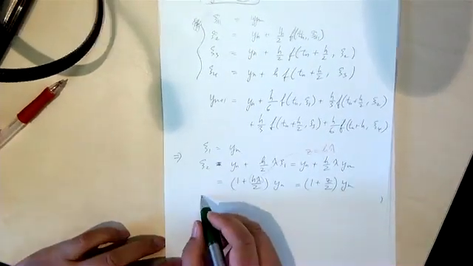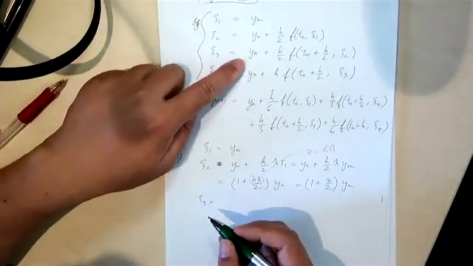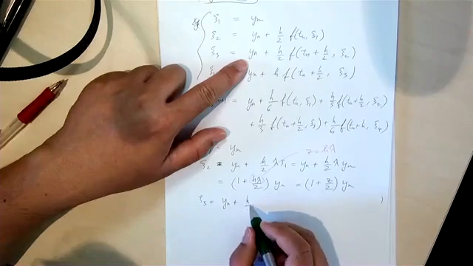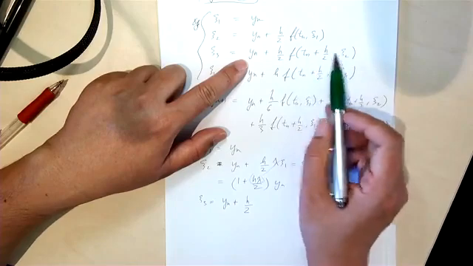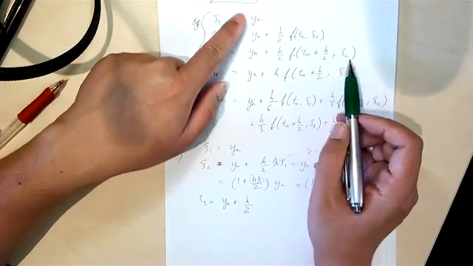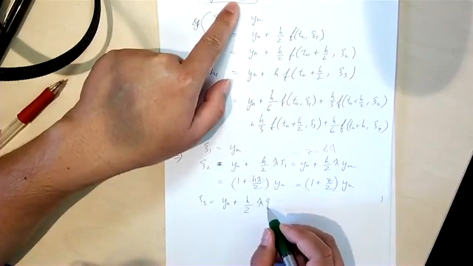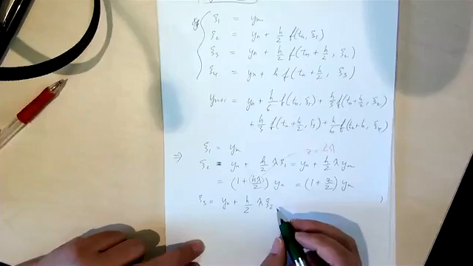Now xi 3. So xi 3 will be yn, yeah, plus h over 2. And now because the right hand side doesn't depend on t, you don't have to worry about this one. But now you have xi 2, so you have lambda xi 2, right? And what is my xi 2?